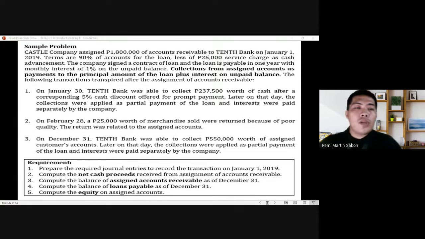The difference of this problem with the problem that we had yesterday for non-notification basis is that under transaction 1 and transaction 3, it is now provided, for example in transaction 1, that 10th Bank was able to collect 237,500 worth of cash after the corresponding 5% cash discount offered for prompt payment.